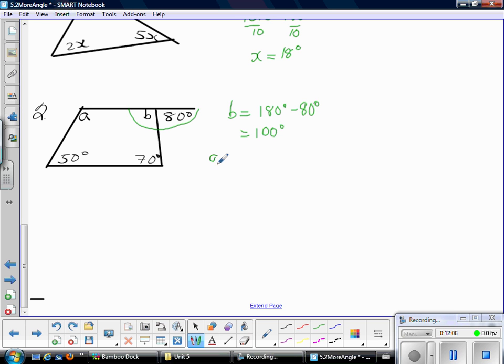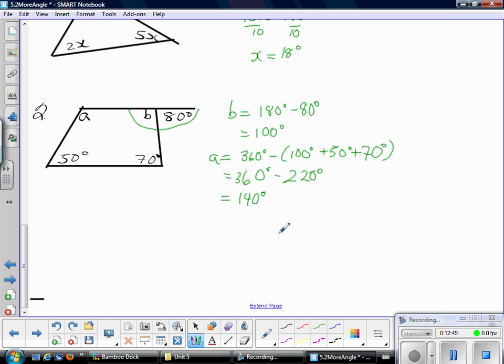So that means A has to equal the 360 minus, I'm going to add these other three together, 100 plus 50 plus 70. And if I do that, I end up with 360, and I'm taking away 220 degrees. So angle A is going to equal 140 degrees.